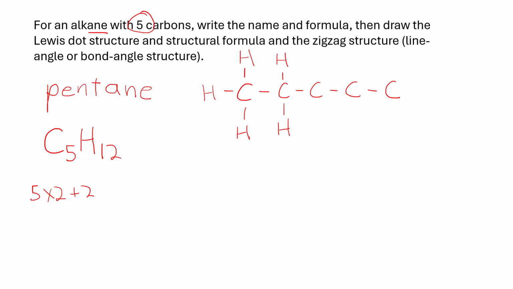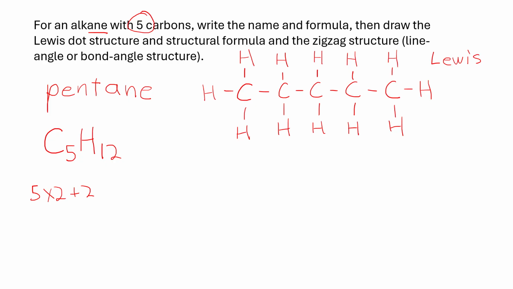Notice that if I fill out above, below, left, and right, so that the carbon has a bond going in each of those directions, it gets 4 bonds. So as long as I've got up, down, left, and right covered, we've got the carbons taken care of. Hydrogen only wants to make 1 bond. So by the time we've bonded it to these carbons, the hydrogen's all good. All right, so that would be the Lewis structure for pentane.